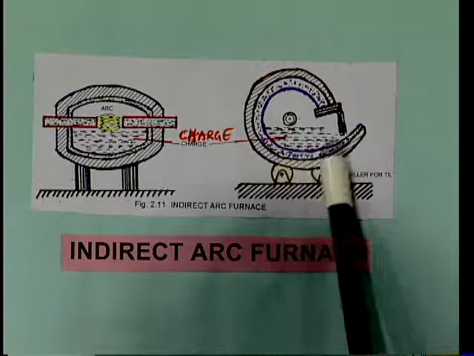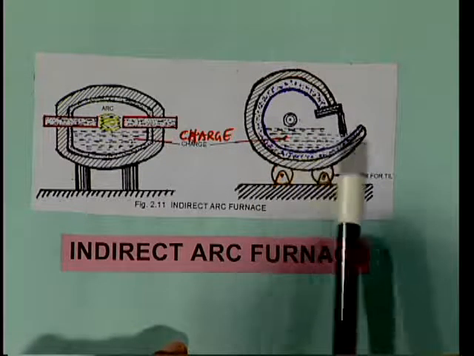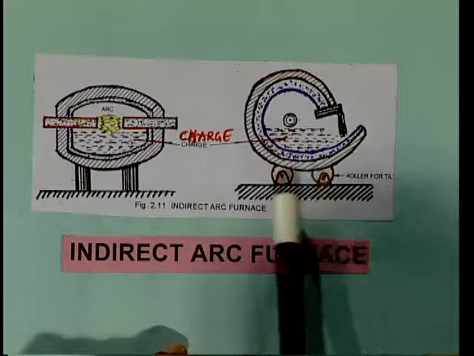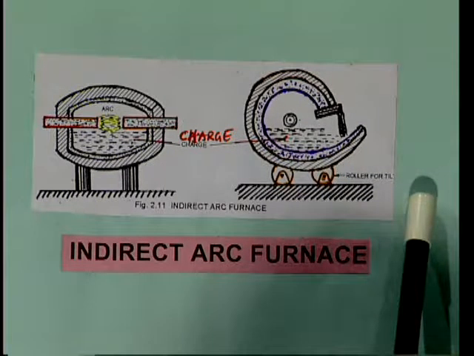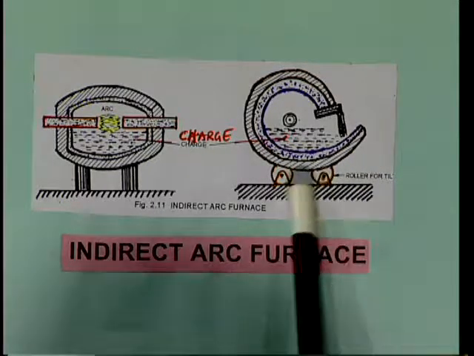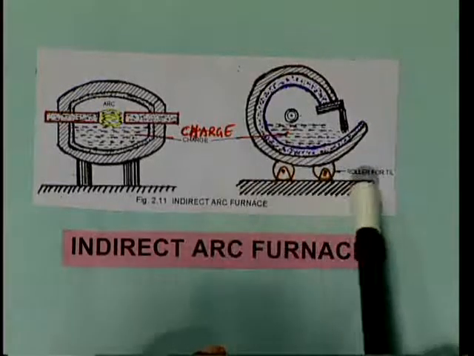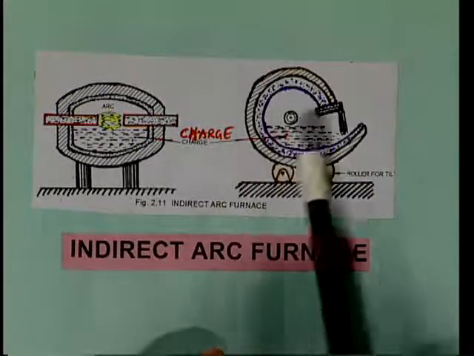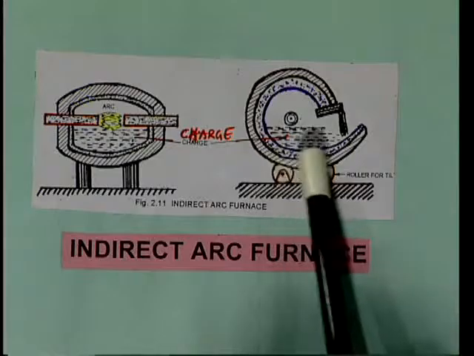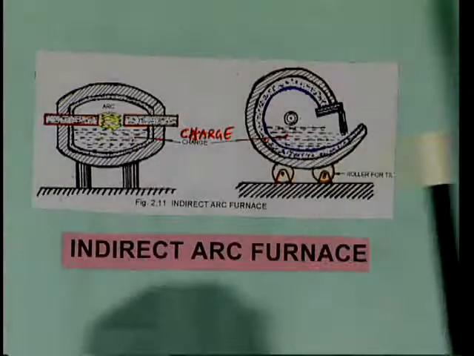You can see here the indirect arc furnace with the charge placed, and these red ones are the roller wheels, finally connected to an electric motor. These wheels rotate so that the furnace is tilted here and there, or moved for some distance by tilting. So the stirring action takes place, and therefore the entire material is converted into the liquid form.